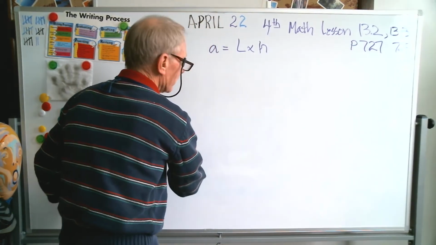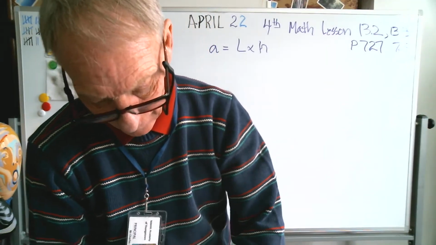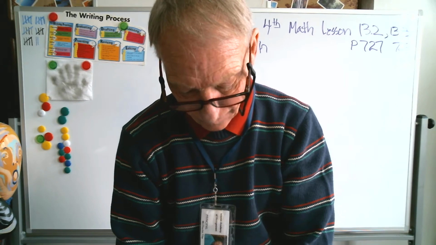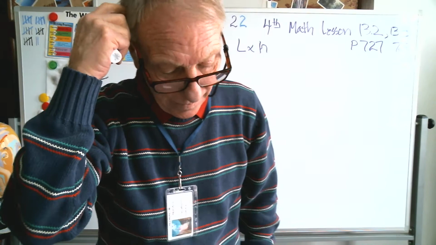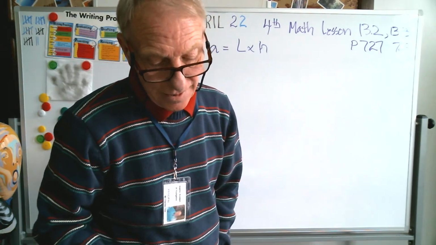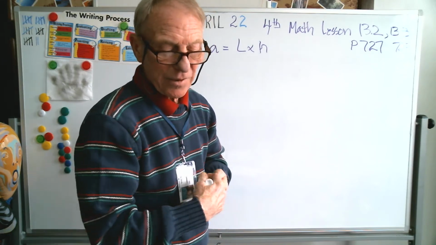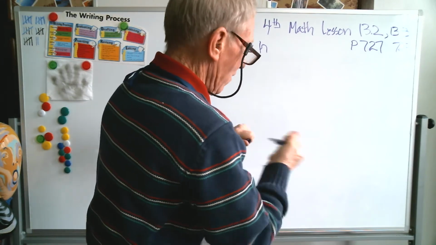Now let's see if we can find a shape that's really confusing here. Well, there's any number of them that are really confusing. I want to pick problem number 3 on page 731 because that looks like it could be the toughest one for you to figure out.